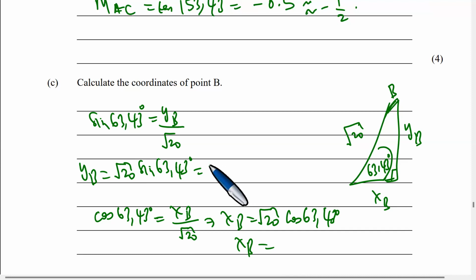Okay, so this is just about 3.99982. And this one of the cosine is 2.00034.